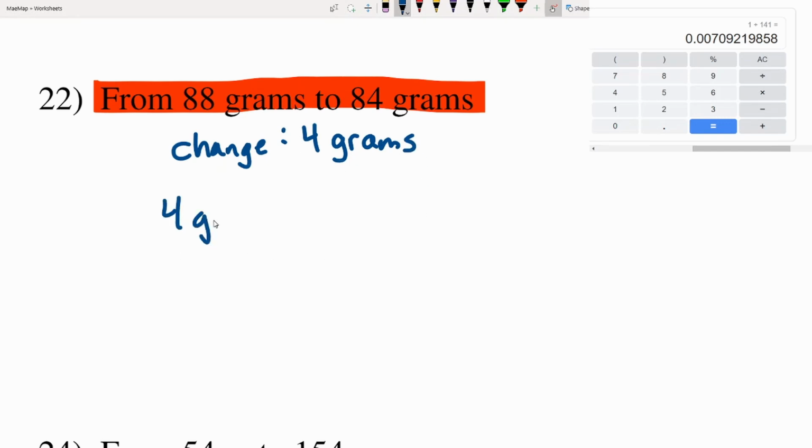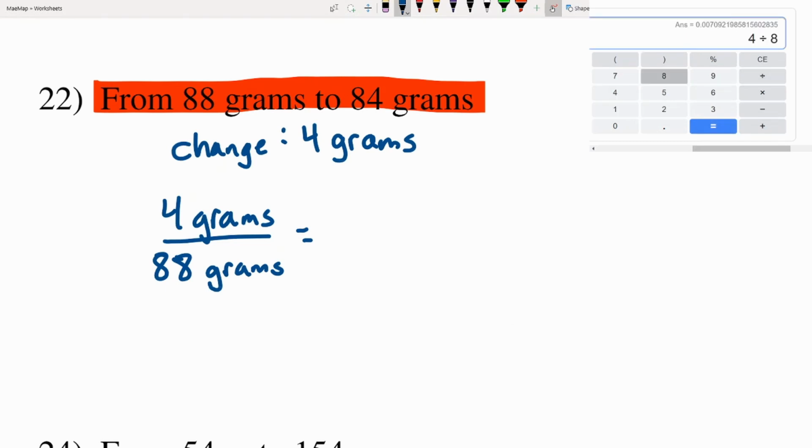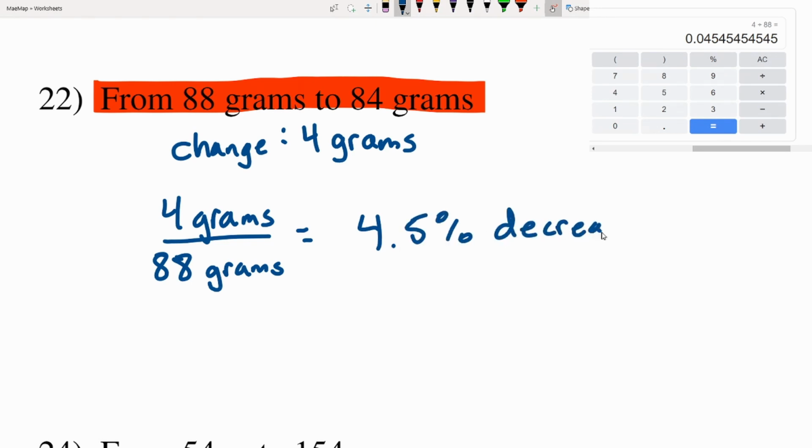So 4 grams divided by our 88 grams, because 88 was our original starting value. 4 divided by 88 is going to give us 0.0454545, etc. So that's 0.0, where the 45 is repeating. Rounding to the nearest tenth of a percent, that's going to be 4.5%, and this was a decrease.